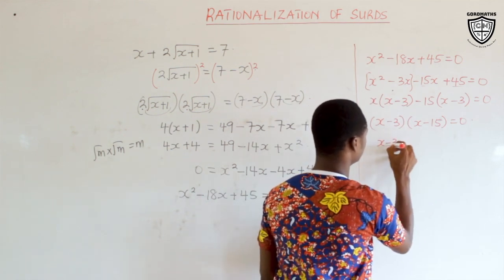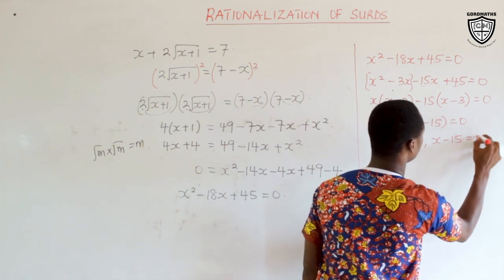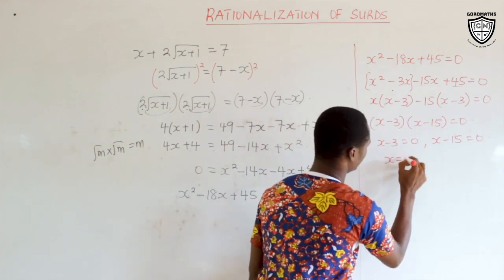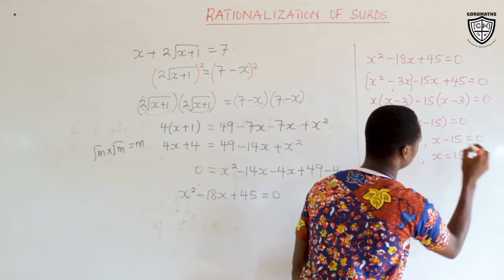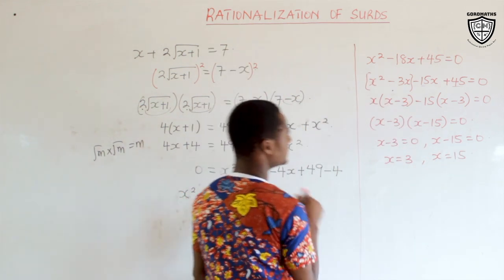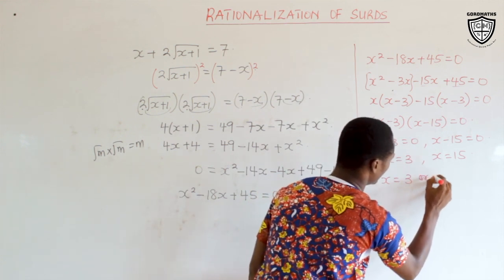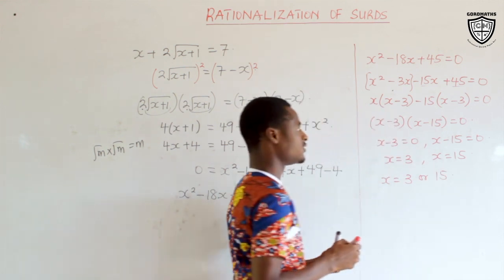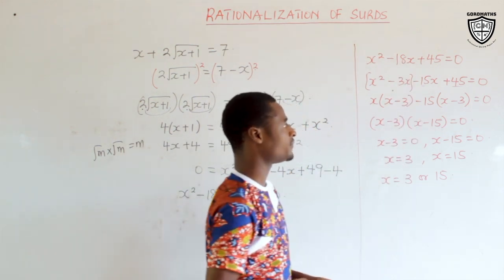So x minus 3 equal to 0, x minus 15 also equal to 0. And we will have x is equal to 3 and then x is equal to 15. So the value for x in this expression is x equal to 3 or 15. You can refer to our lesson on quadratic equations if you have any problem with this.